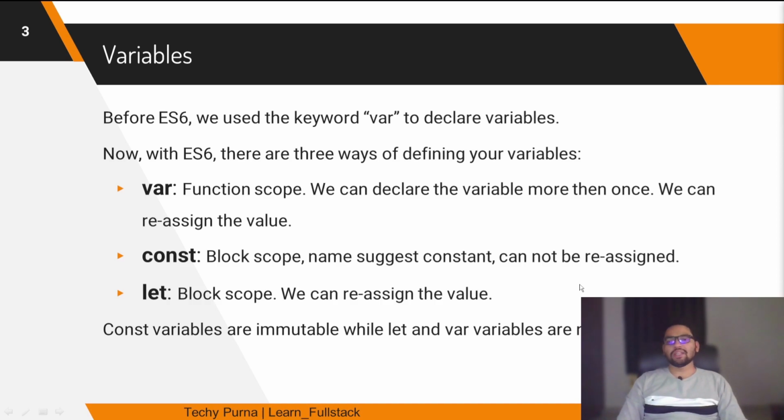As the name suggests, const is always a constant and cannot be reassigned once it holds the initial value, right? But in the case of let, we can reassign the values. Const values are immutable, while let and var variables are not.